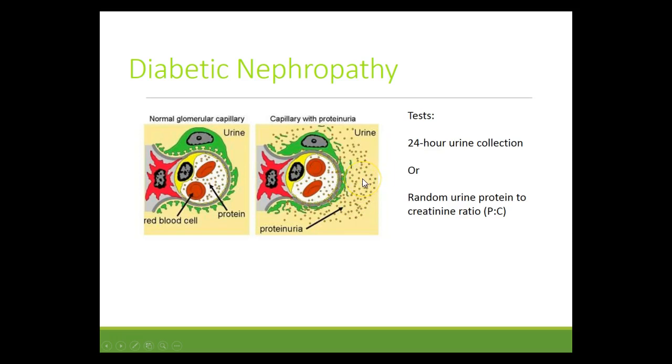Some of the tests that you will see physicians order are a 24-hour urine collection or a random urine protein to creatinine ratio, which you might hear called the P to C.